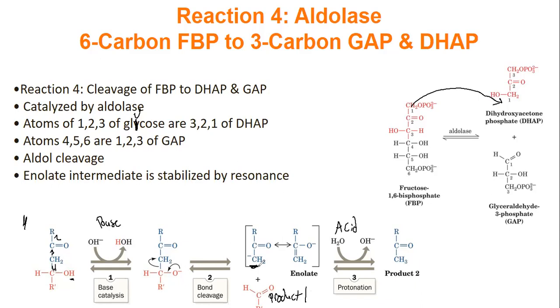So it will get a proton from water and give us our second product. And so if we look at our two reactions up top, DHAP is more or less product 2 from our mechanism. GAP is product 1 from our mechanism. So that's how we can look at the picture on the bottom and connect that with what's going on on the side.